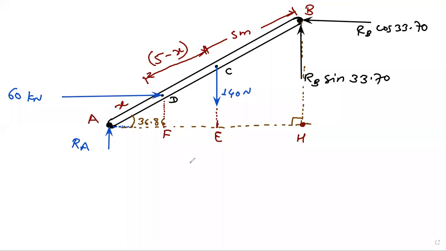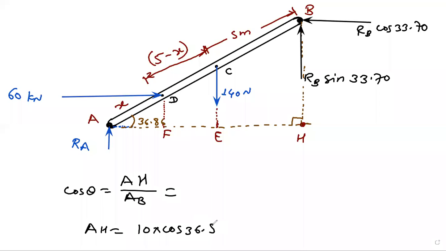Then we will find out the distance. Cos theta is equal to AH by AB. AH is unknown, so AH is equal to AB, which is 10, into cos of 36.86. How much is it?